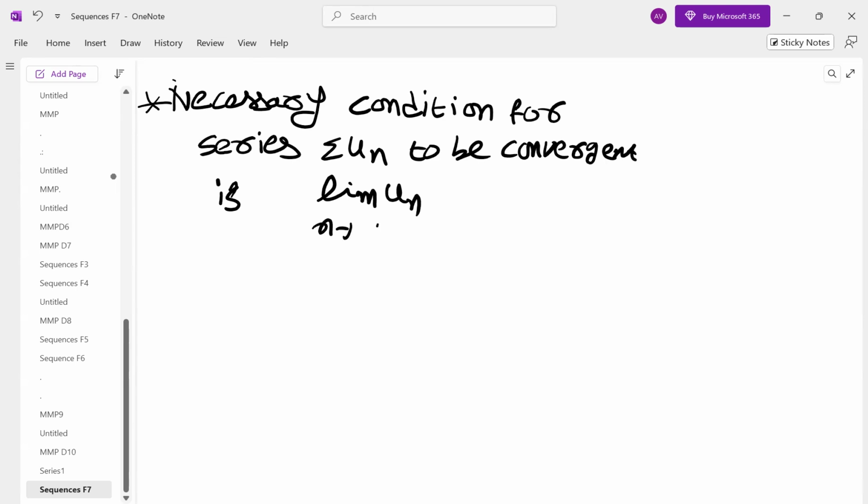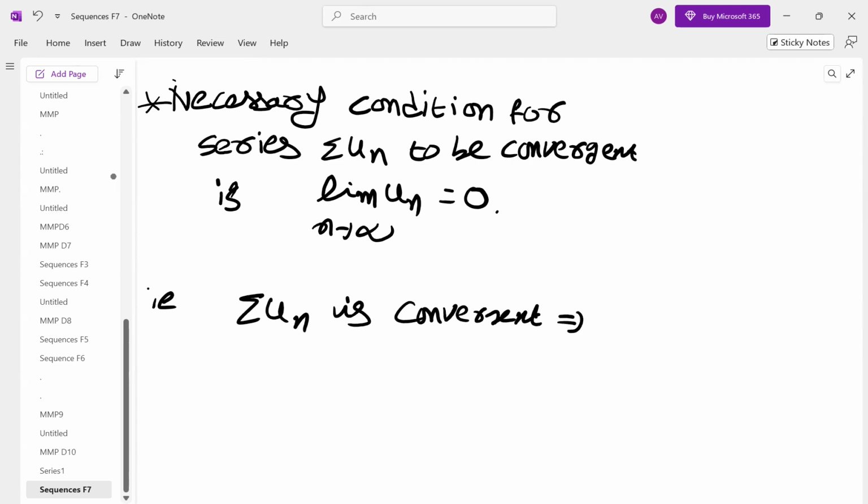This is called necessary condition test. What is the meaning? It helps negatively rather than positively. The meaning is: summation un is convergent implies limit un is 0. That's the meaning of this statement.